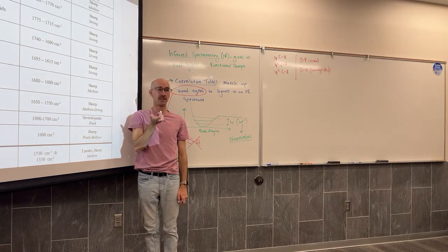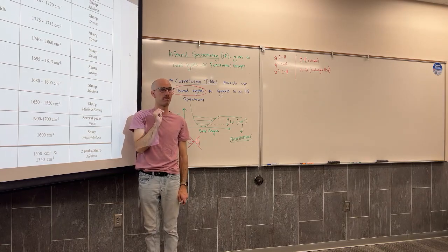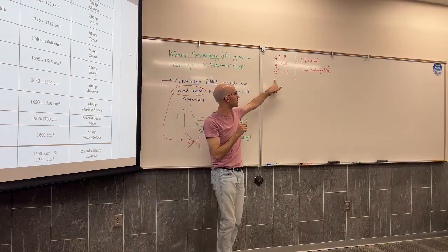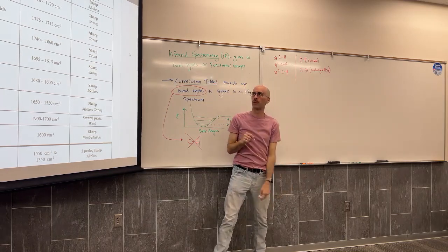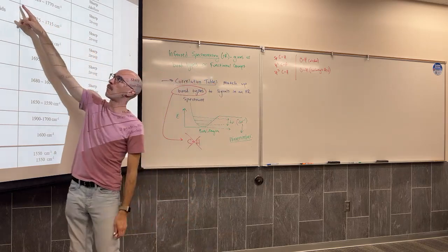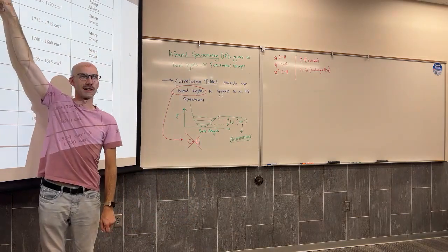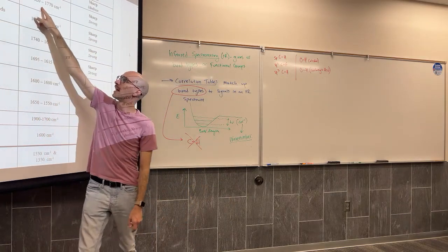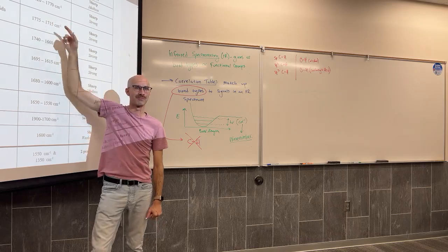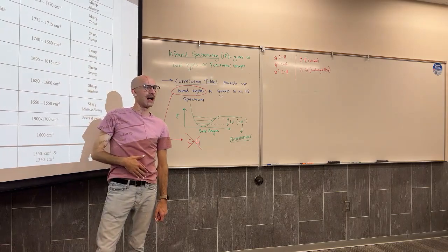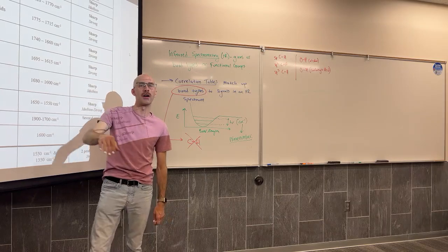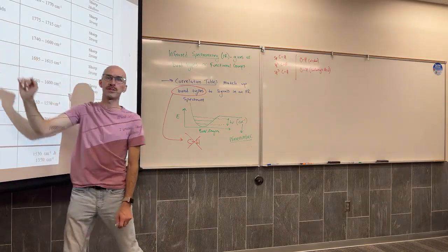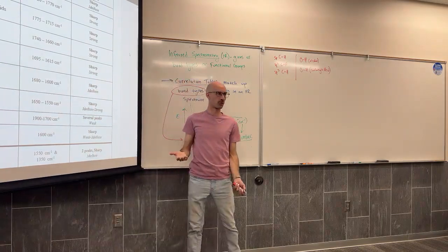Carbonyl is a bond type, but we're trying to be more specific about hybridization or functional group. But you'll notice that the CO bond of acid chlorides and anhydrides, they absorb in the same range. So I might be able to say, I know I have a CO double bond, and I know I have a CO double bond of one of these two groups, but I don't know which group it is.